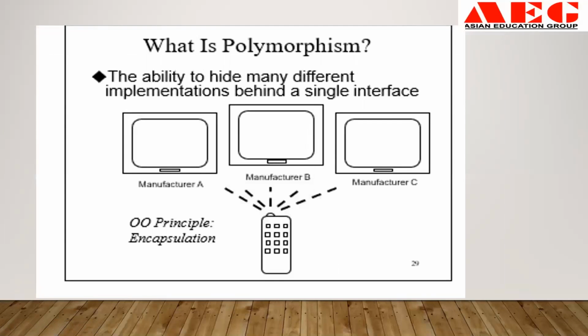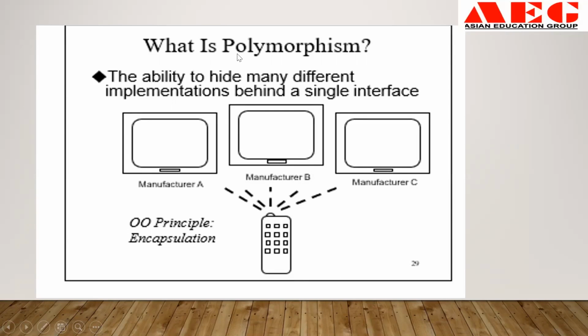Polymorphism is another part of your object-oriented modeling. Polymorphism means the ability to hide many different implementations behind a single interface. So television from manufacturer A and manufacturer B are all handled with the help of this remote control.